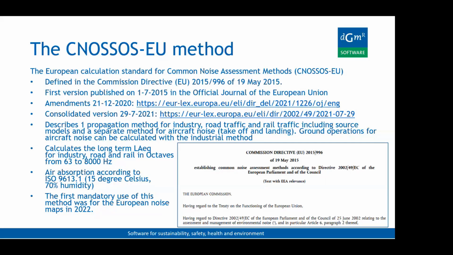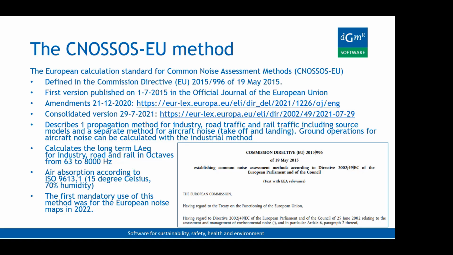The method describes one propagation method for industry, road traffic, and rail traffic, including source models. There's a separate method for aircraft noise, takeoff and landing. Ground operations for aircraft noise, however, can be calculated with the industrial method. So what we have implemented in iNoise is the propagation method for industry, road traffic, and rail traffic, not the separate method for aircraft noise.